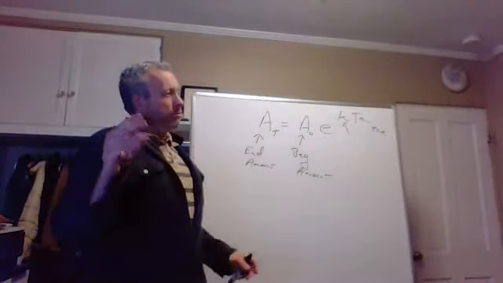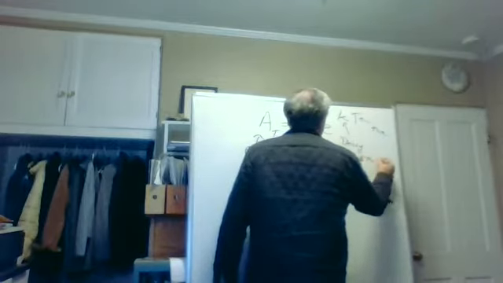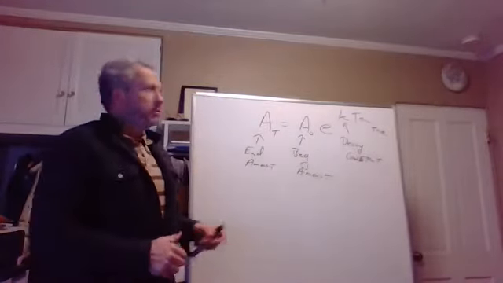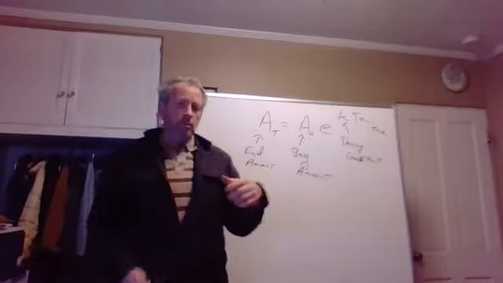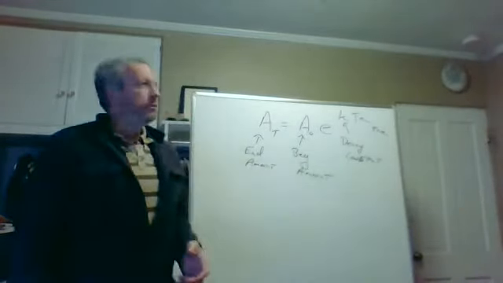But here with radioactive isotopes, this is called the decay constant. You don't have to know decay constant, but that is what it's called. So again, k gets referred to in words differently depending on what we're doing here.